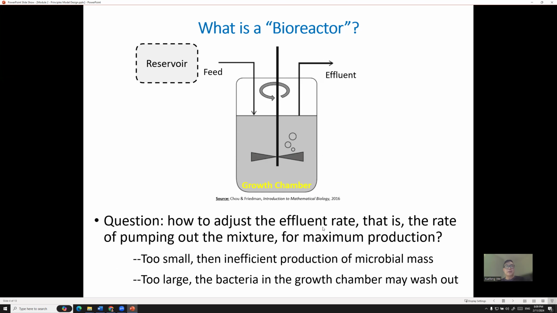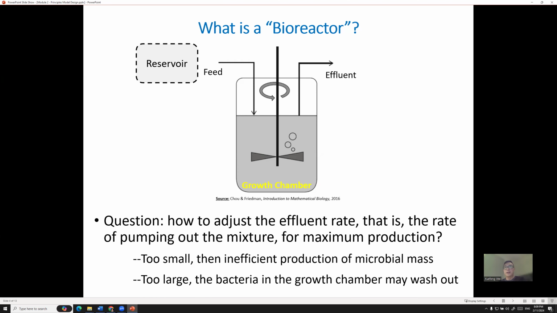So the question we're using the model to answer is how to adjust the effluence rate, that is the rate of pumping out the mixture, for maximum production. What I mean here is, in order to collect the microbial mass or bacteria efficiently, the effluence rate should not be too small.